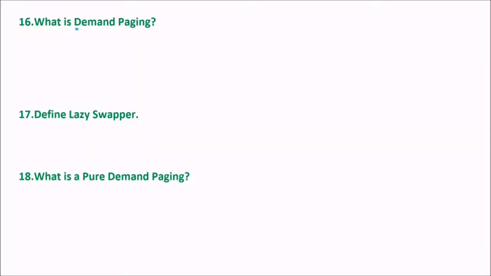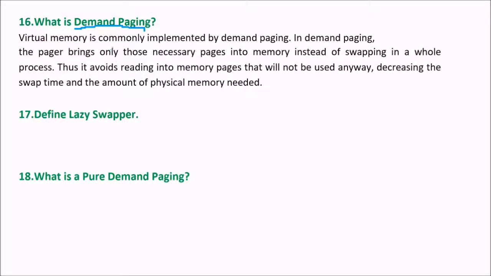What is demand paging? Virtual memory is commonly implemented using demand paging. Virtual memory allows processes to run even when they are too large to fit inside the memory. Because of virtual memory, they are still able to be executed by the processor.